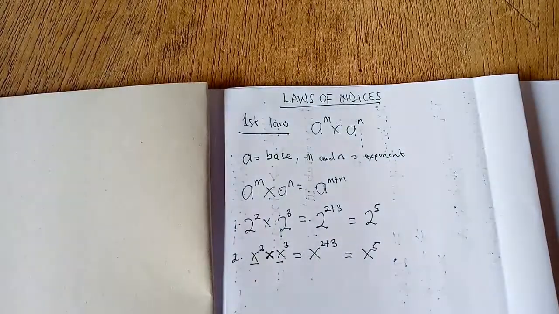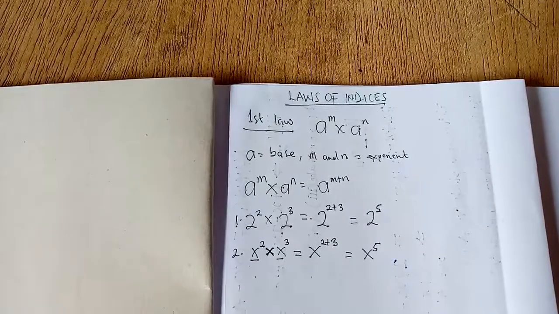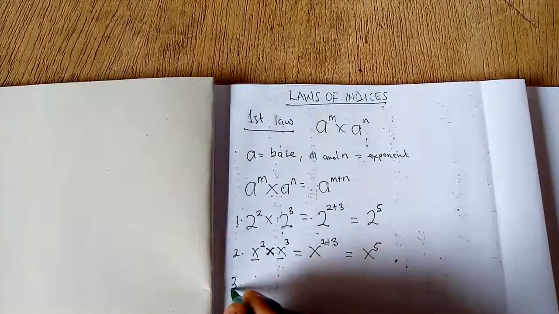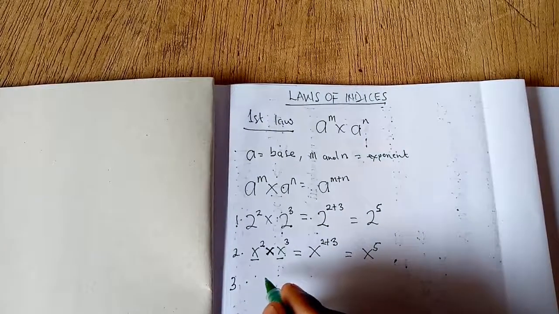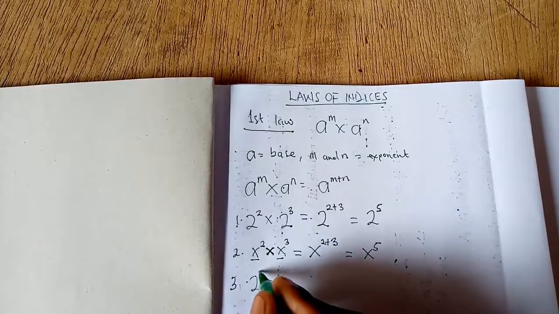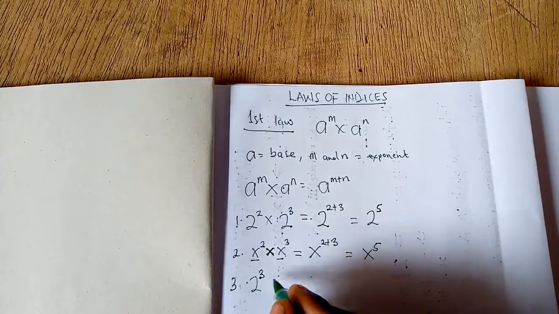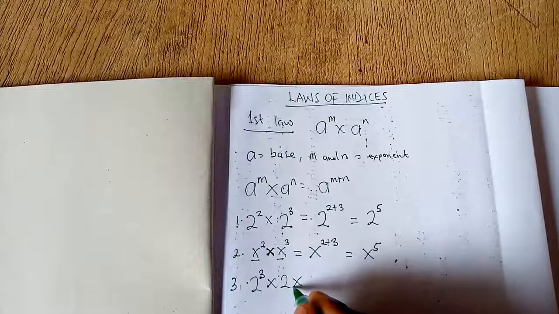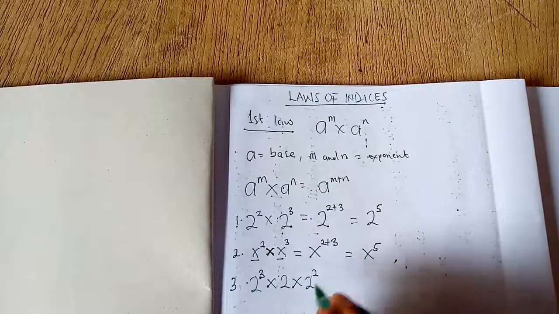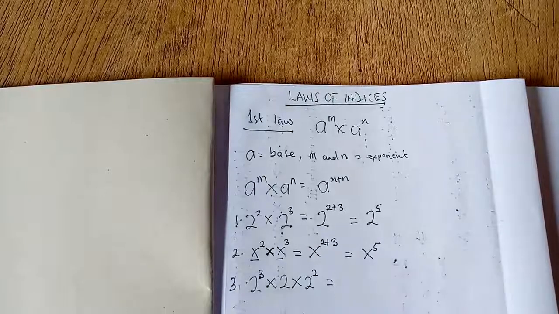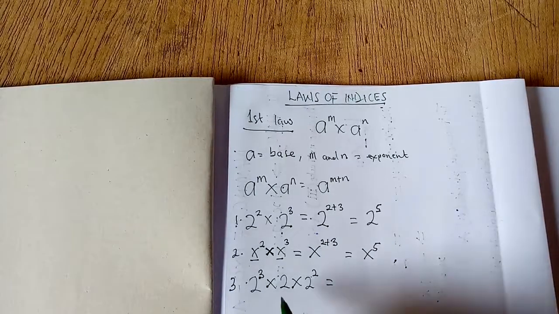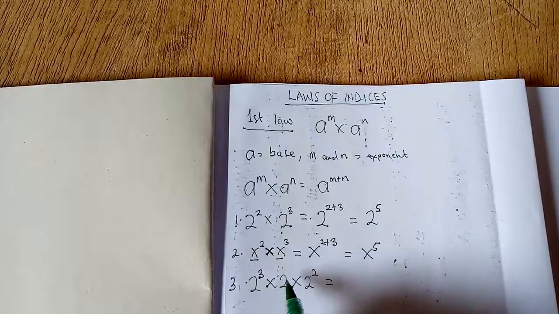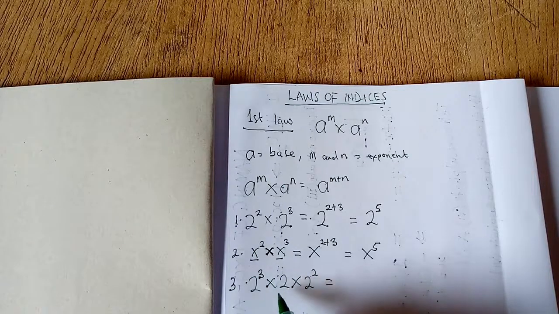Let's take the last example here, and then we move on to the next law, because the laws are actually simple. Example 3 is 2 raised to power 3 times 2 times 2 raised to power 2. I said earlier that when we have a number without an exponent, we write it with an exponent of 1.